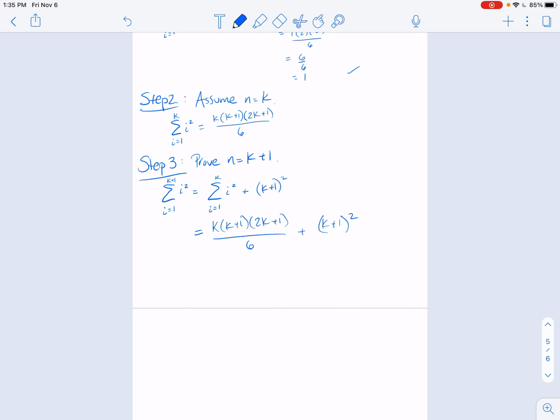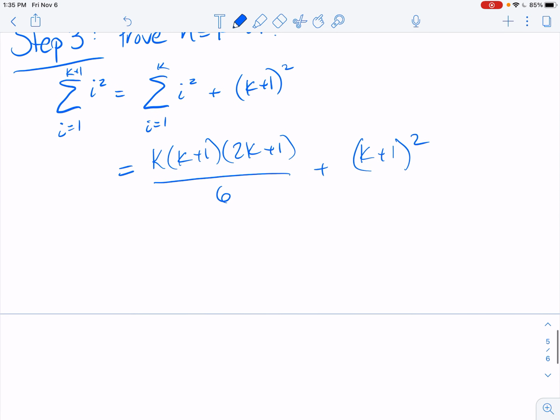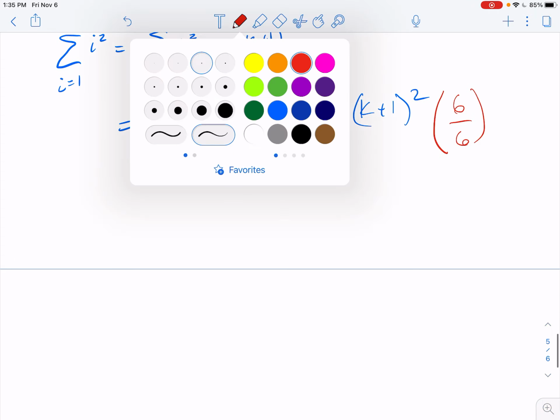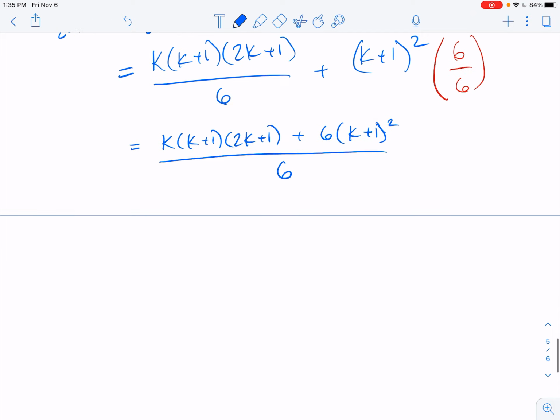I haven't thought about this problem in a year, so you're experiencing me thinking through this. What I would probably do is try and add it together, so I need to get a common denominator. So I'm going to multiply this by 6 over 6. And so now I have k times k plus 1 times 2k plus 1 plus 6 times k plus 1 squared, over 6.